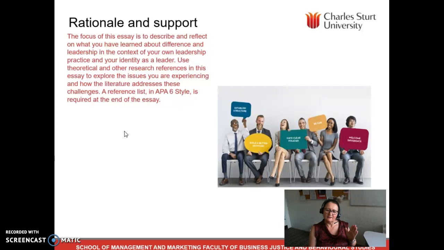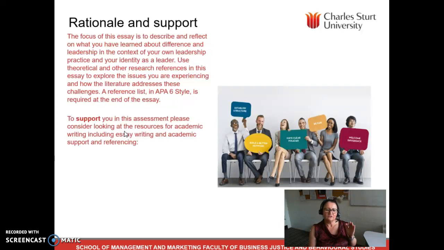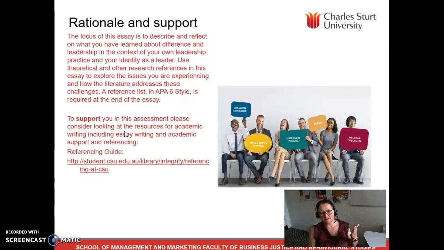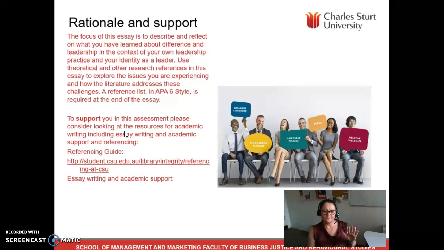To support you in this assessment, please consider looking at the resources for academic writing, including essay writing, academic support and referencing. The referencing guide is there. All of these resources are under the Student Portal Study tab, so have a really good look at that. For essay writing and academic support, consider getting the support of an ALAN, an academic literacy, learning and numeracy advisor, and they can assist.